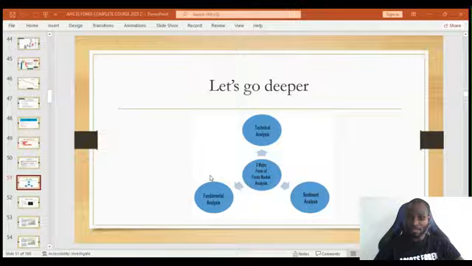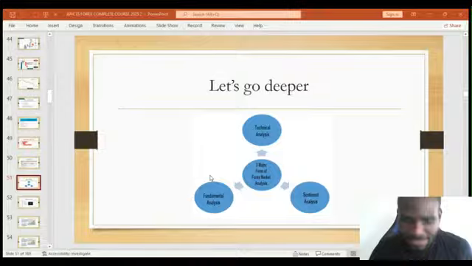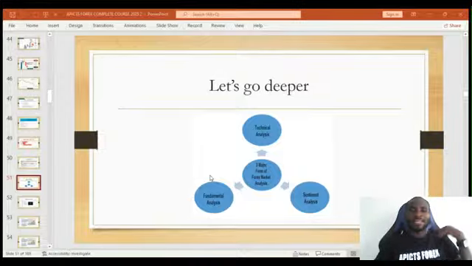So let's start with fundamental analysis. What is fundamental analysis? From the word analysis, it is analyzing the market to make a trading decision based on news, based on actual live events that are happening at that time.